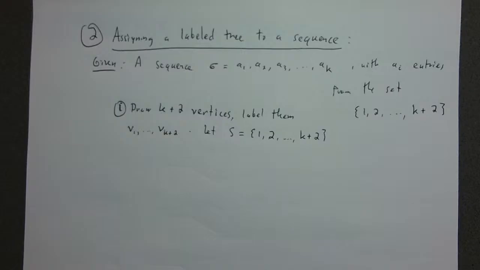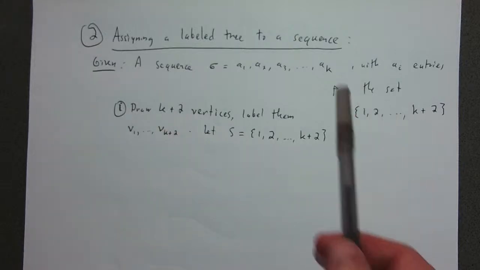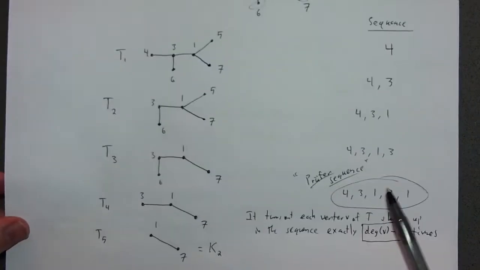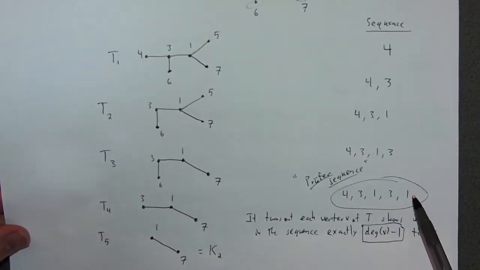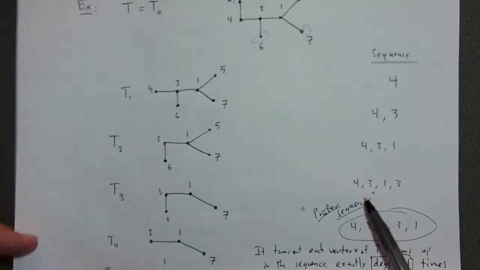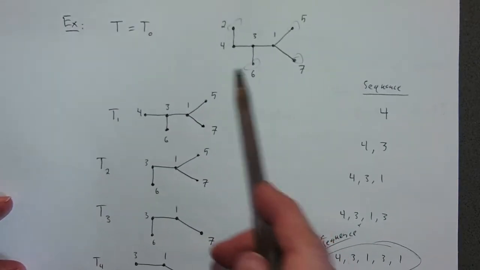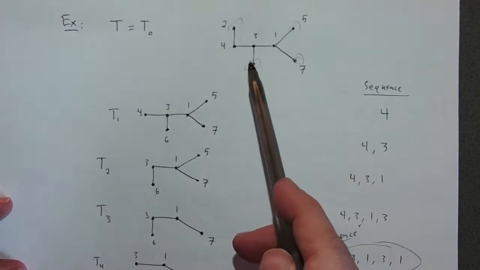Now if you're confused as to where this k plus 2 comes from or why this would be needed, consider our last example where in the proof or sequence we had 5 entries, but we know that the tree that this came from was a tree on 7 vertices.